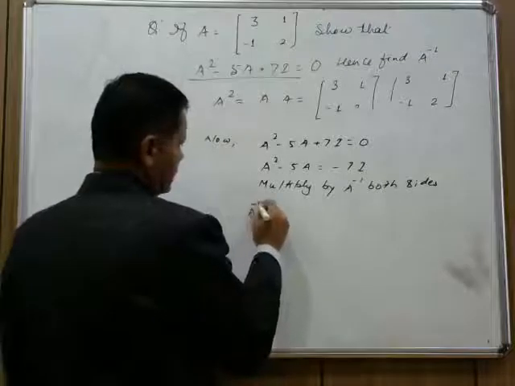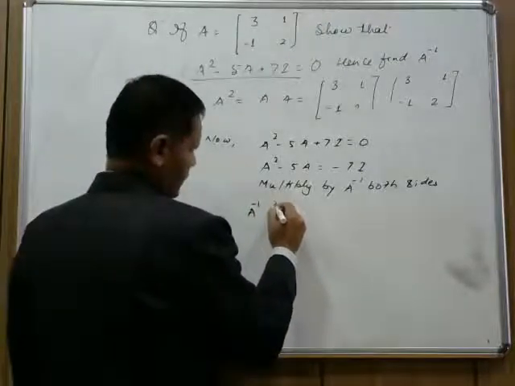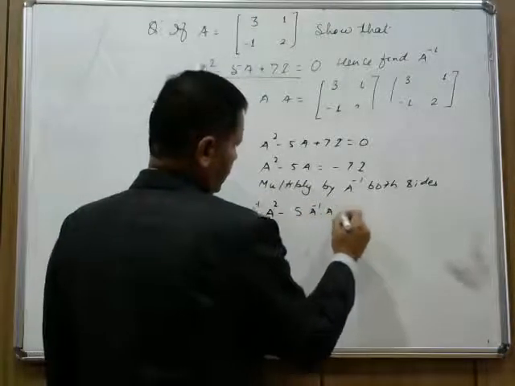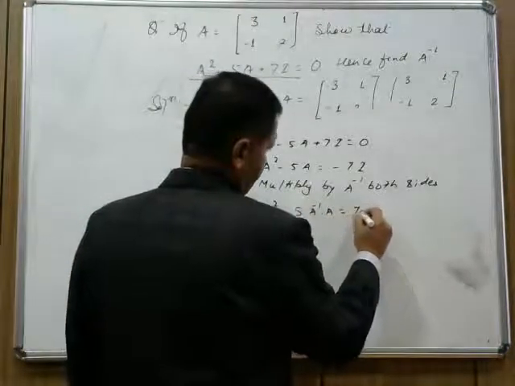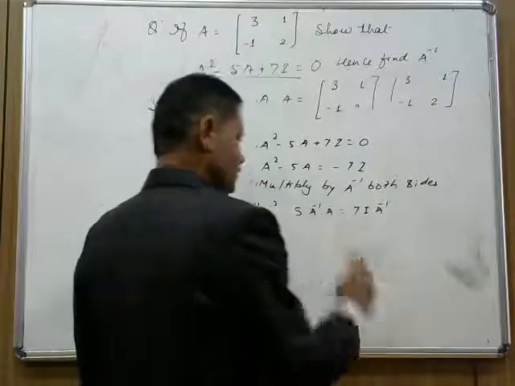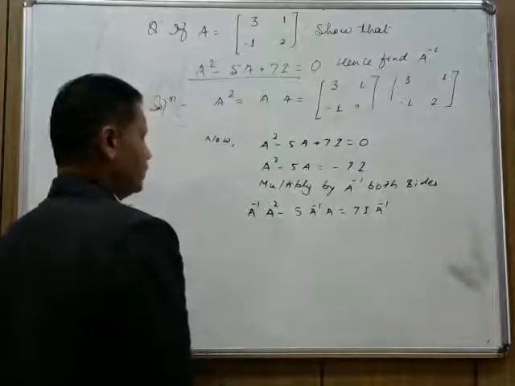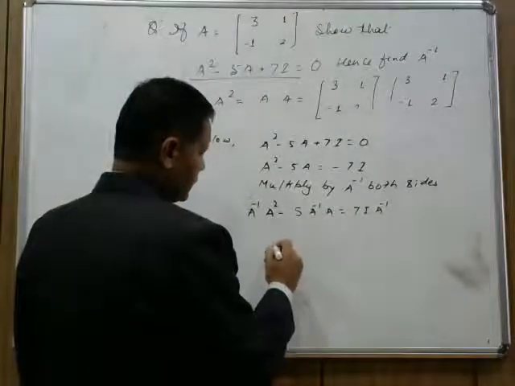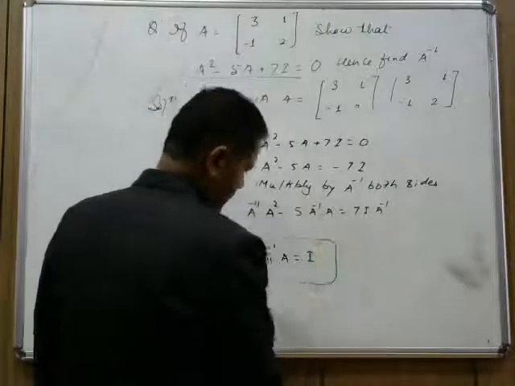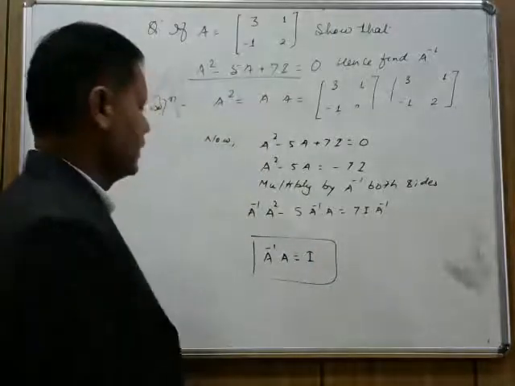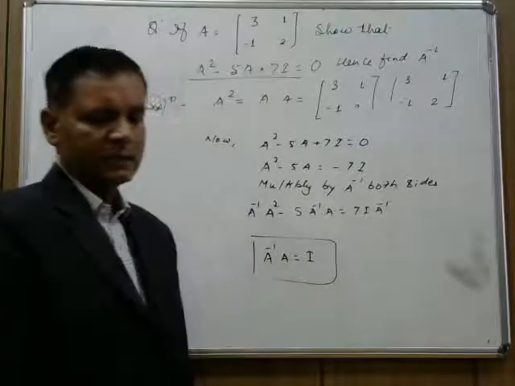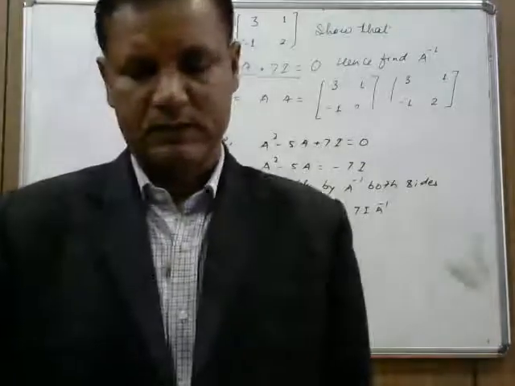Now A inverse multiplied by A squared minus 5 into A inverse into A is equal to minus 7I into A inverse. Now tell me, you know that if I multiply any matrix by its inverse, it will give you the identity matrix.